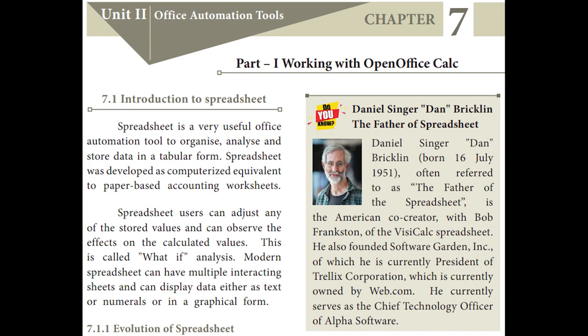If you want to calculate the total or average of 1,000 students, you can just enter the marks in an Excel sheet or the Calc sheet, and give a formula, or select the subjects and click on sum. The added value will be displayed on the screen.